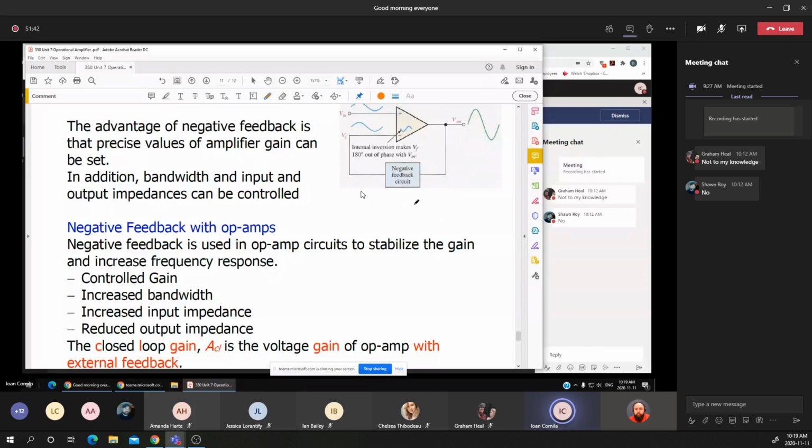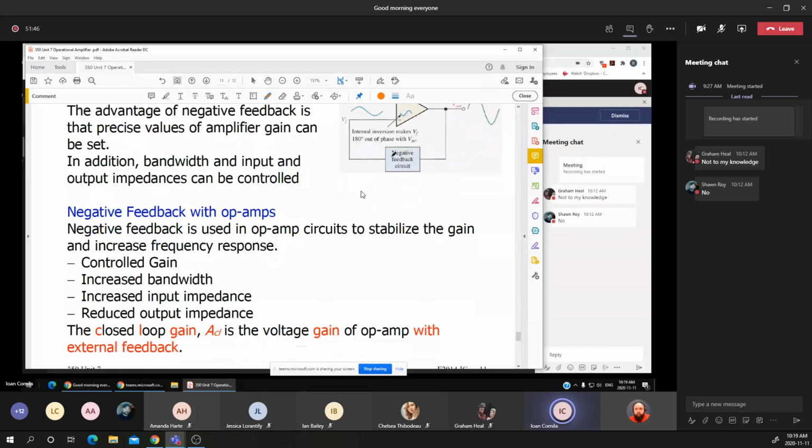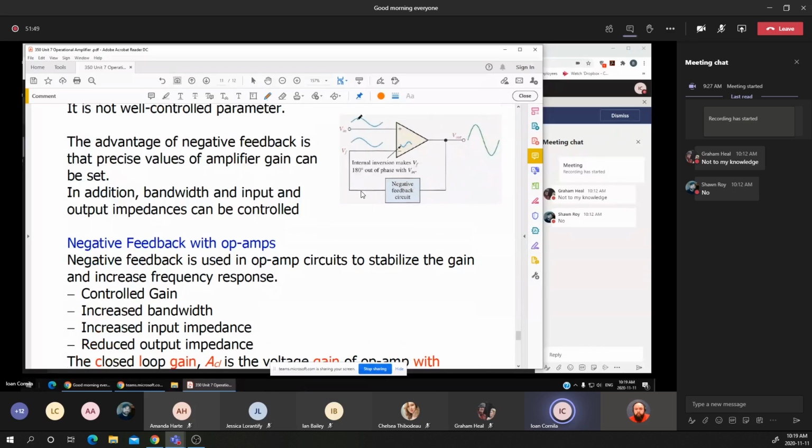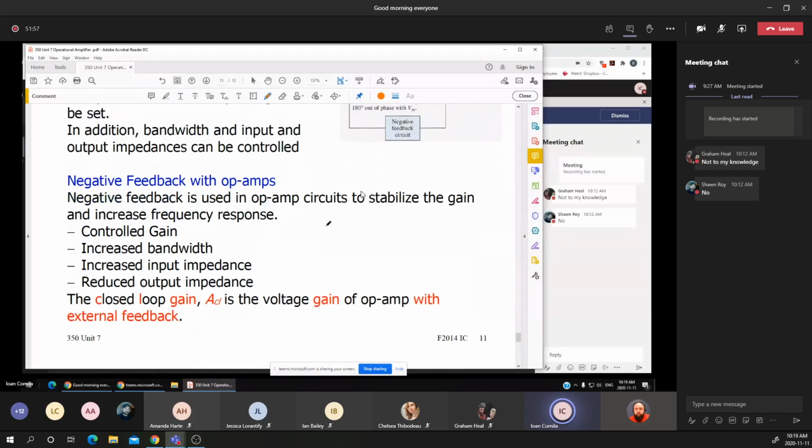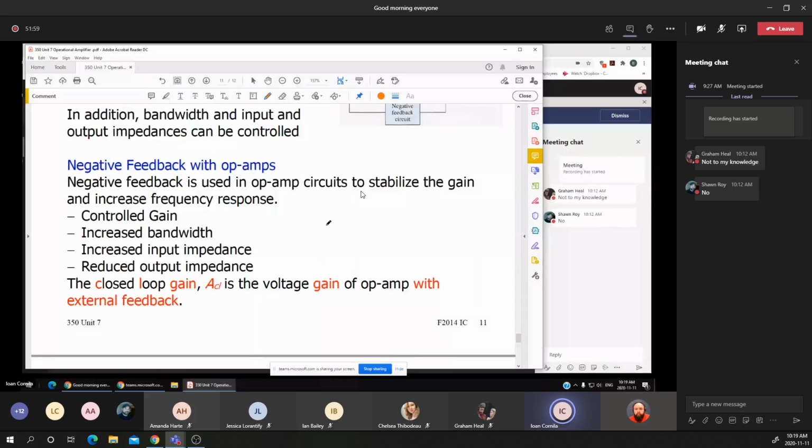If I am applying the voltage on one of the two inputs, I can have a precise amplification of the signal using a negative feedback. Actually, negative feedbacks are defined by an external circuit.